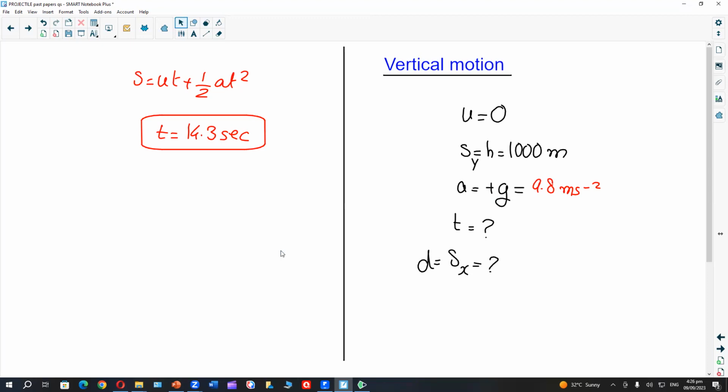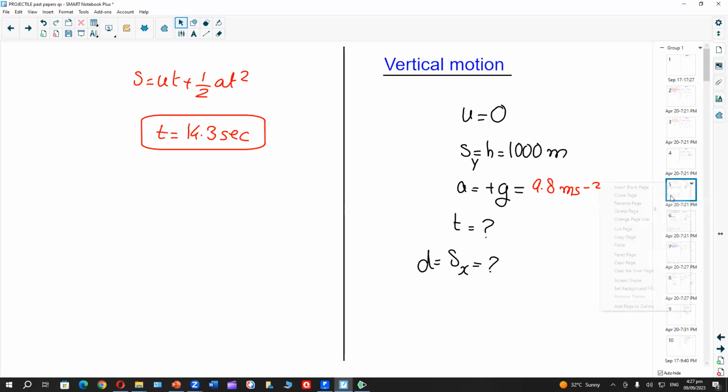First, I have calculated the time. Then time for horizontal is the time for the vertical.